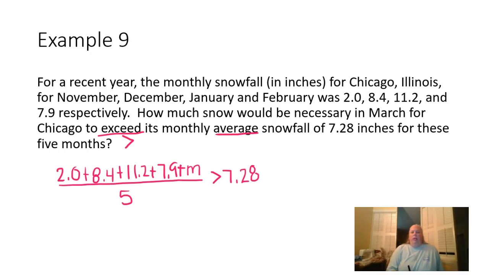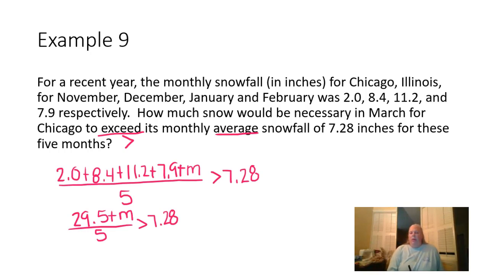Okay, if we add our like terms over here, this is going to give me 29.5 plus M, and this will be divided by 5, and it's greater than 7.28. We're trying to solve for this M here. That means I should probably do something with this 5.